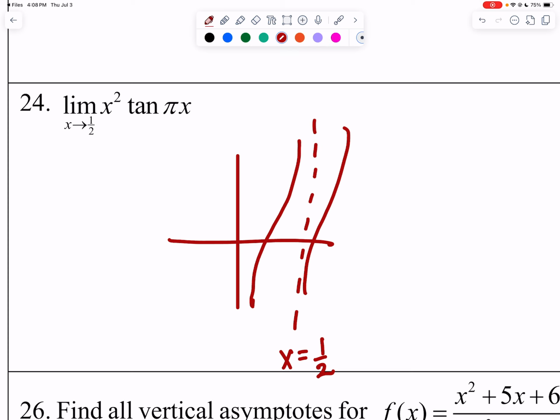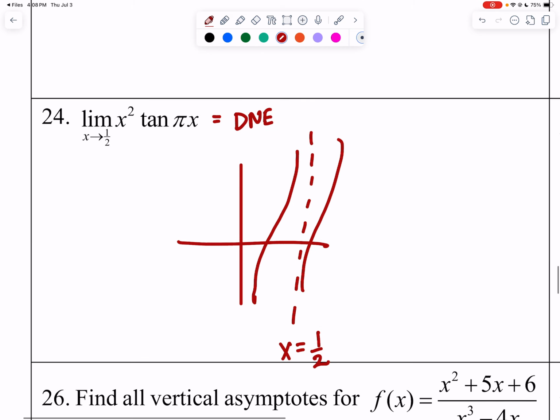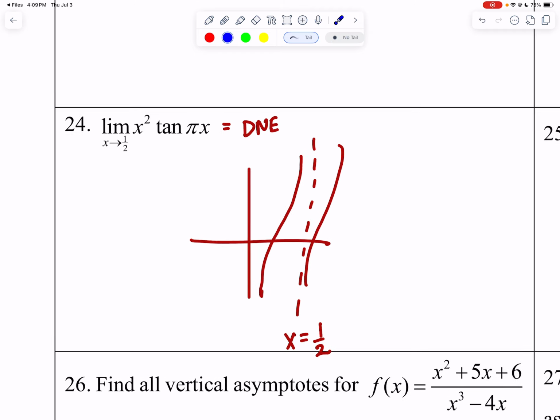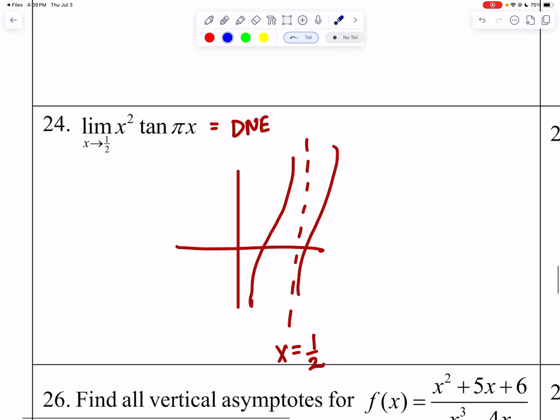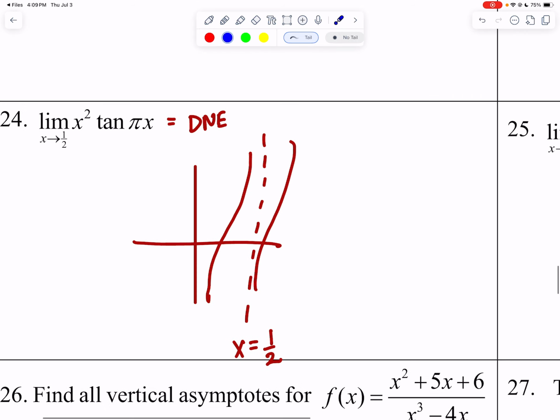So this one is going to be does not exist because we have a vertical asymptote. Now, if this was 1/2 from the left, we'll have an answer that's actually positive infinity. Or if it's 1/2 from the right, then we'll have an answer that's going to be negative infinity. But because my left side limit and right side limit are not equal, 24 does not exist.